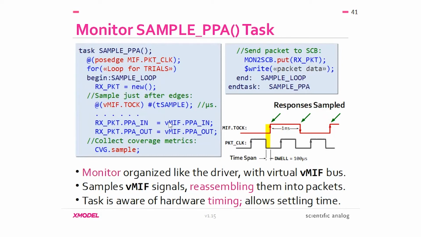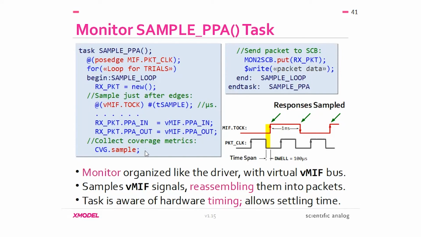And remember, the monitor is doing the reverse of the driver. It's taking data coming in on the interface bus, the virtual bus VMEF, namely the peak-to-peak amplitudes in and out of the filter, and assigning those to the corresponding packet fields. Thus, it reconstructs the packet. And at the end of this task, it puts the entire packet into this mailbox, connecting the monitor on up to the scoreboard.